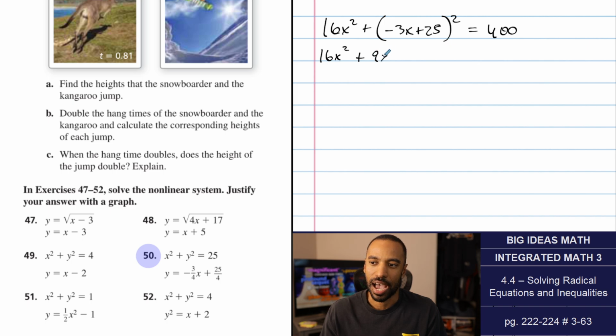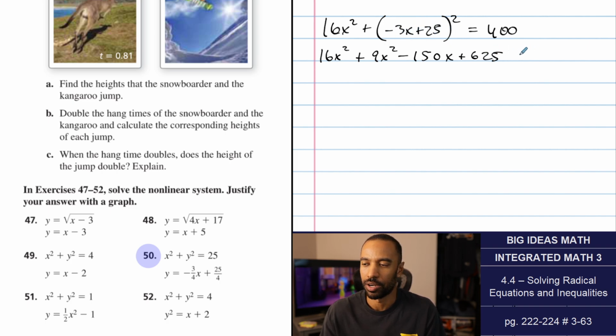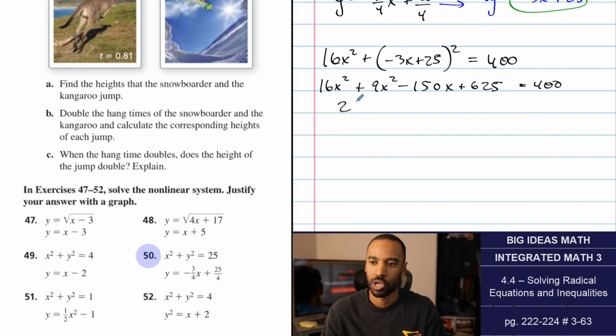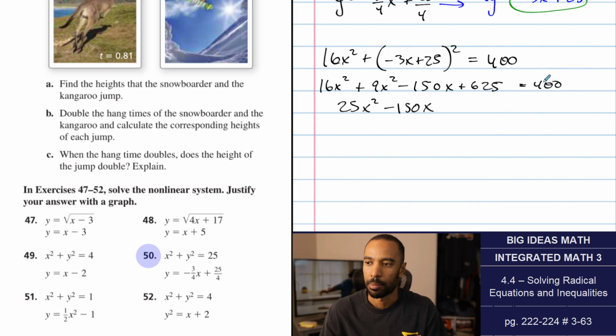All right, this is 9x squared minus 150x plus 625, a squared plus 2ab plus b squared. So, at the cost of bigger numbers, I don't have any fractions. So 16x squared plus 9x squared is 25x squared. I'm going to subtract 400 over, and you get 225.